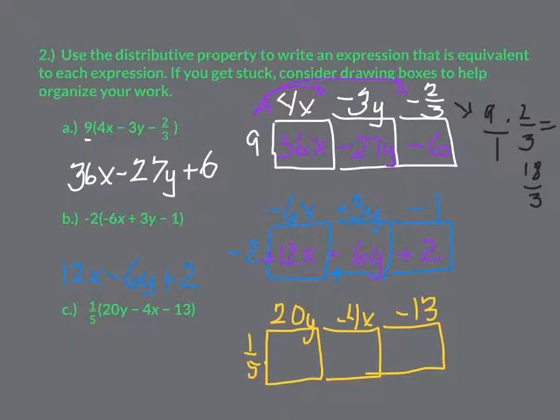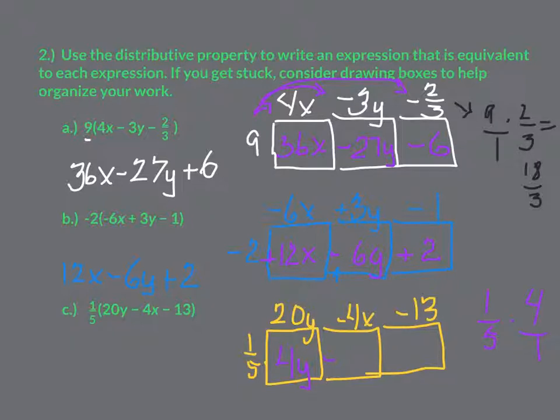So for each of these I'm going to go ahead and multiply. 1/5 times 20y. Well, I can go ahead and multiply them as fractions, or I can just remember that when I've got a fraction like that, 1/5 is the same as dividing by 5. 20 divided by 5 is going to give me 4y. Next one, I've got a positive times a negative, so I've got a negative there. Negative 4x times 1/5. Well, that's just going to be top with the top and bottom with the bottom. 1/5 times 4 over 1.